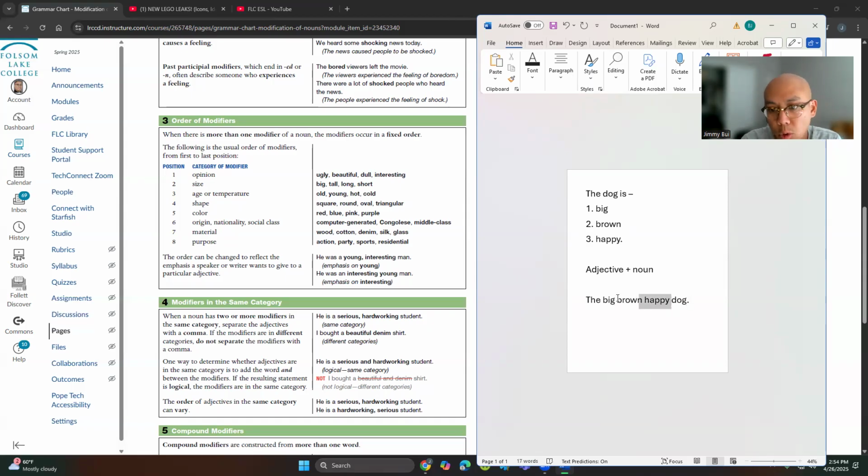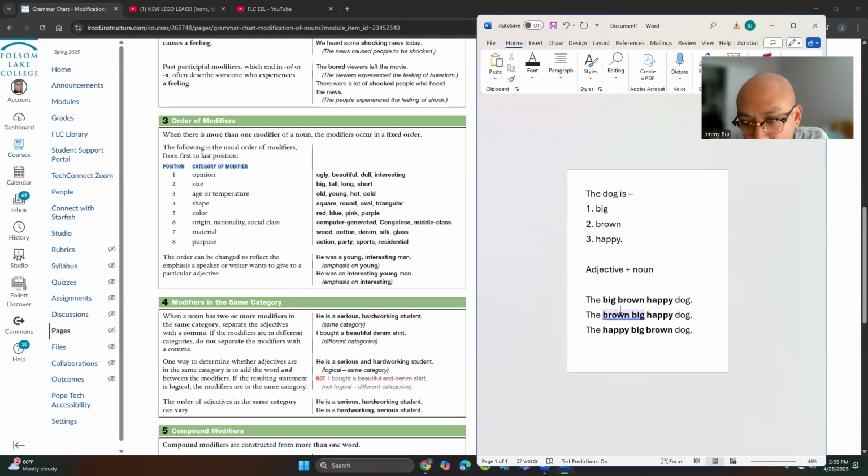And so the order of these adjectives depends on the category. This is not correct, by the way, but you can say the big, brown, happy dog. And so the happy, big, brown dog. And so again, grammatically, if you want to emphasize a specific adjective, it is okay to put it first.